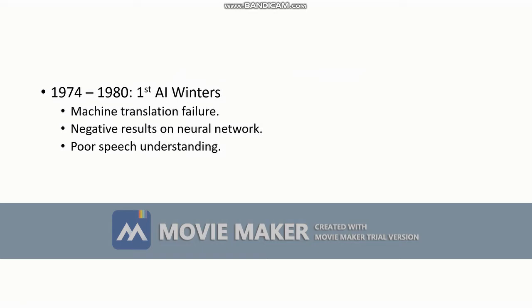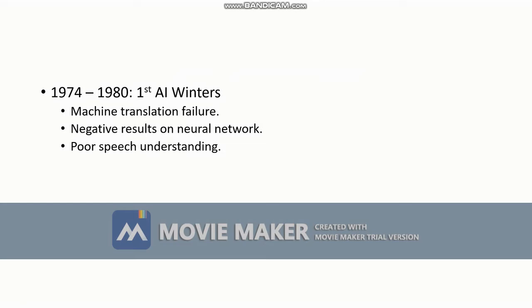Why? Because machine translation failed. Most of the machine translation failed. As I have told, the defense invested a lot of money in AI, hoping that they would get some results. They wanted to understand language translation, and they invested in AI for that.